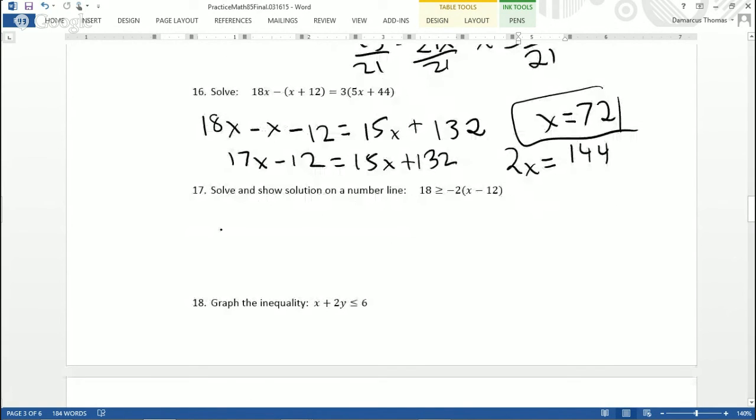Solve and show solution on a number line. So what we need to do is actually solve for this variable. I'm going to simplify the right-hand side. Distribute the negative 2. Subtract 24 from both sides.